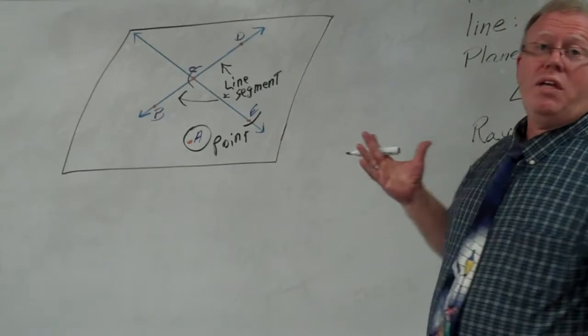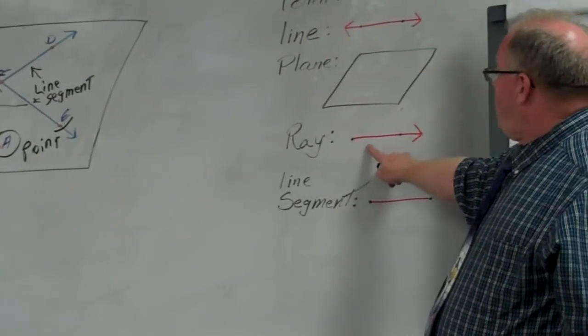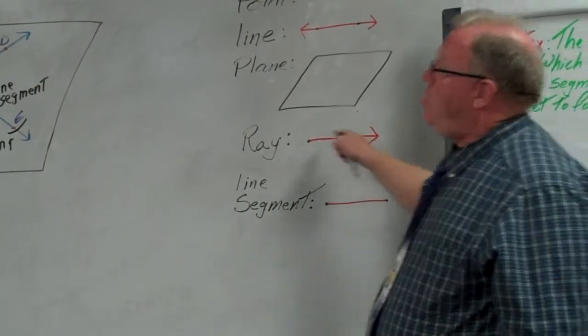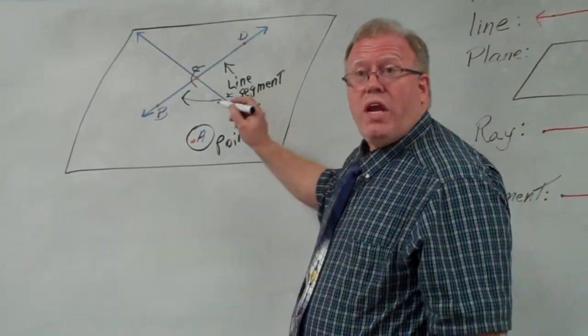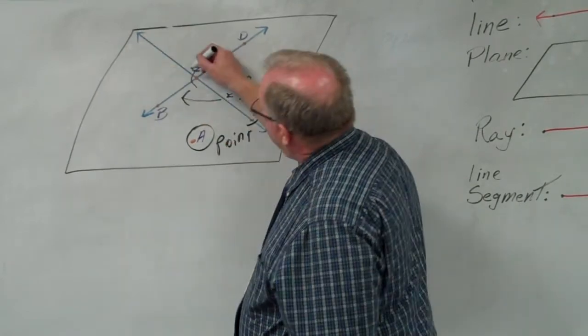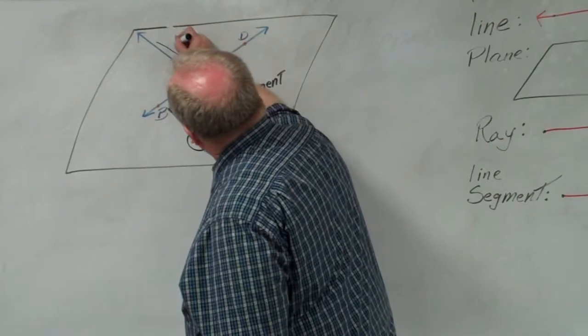Okay, let's look and see, where is there a ray? Remember that ray has one section that has an endpoint, and then it goes on forever. So if we come back over here, we can also see that we do actually have some rays. Okay? C goes on. So we have a ray right here. It does have its endpoint, and so it's going to continue. So that is a ray.